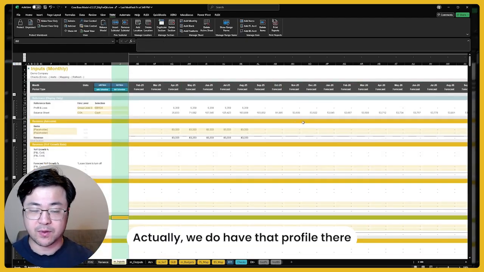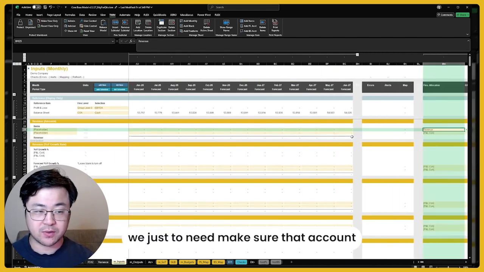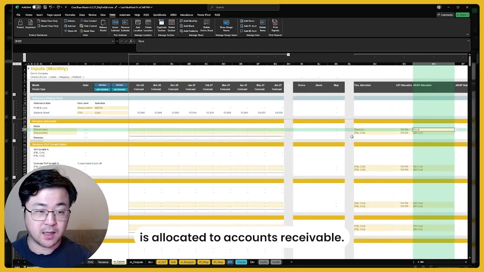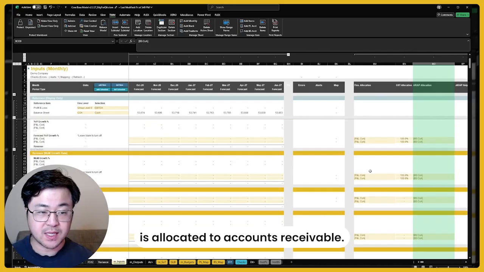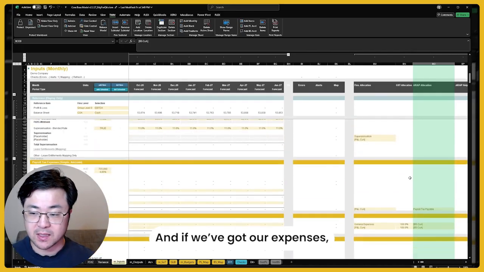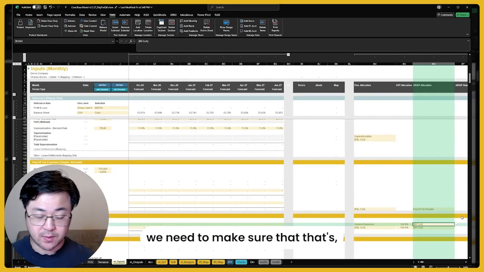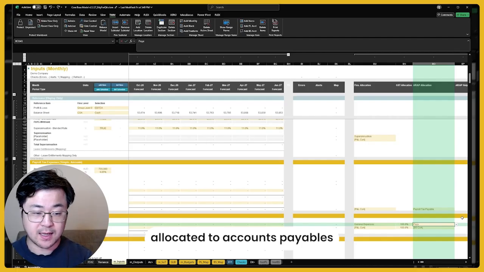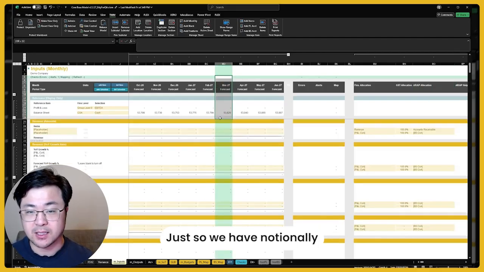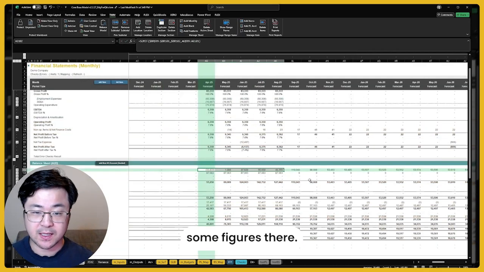We do have that profile there. We just need to make sure that account is allocated to accounts receivables, and if we've got our expenses, we need to make sure that that's allocated to accounts payables, just so we have notionally some figures there.